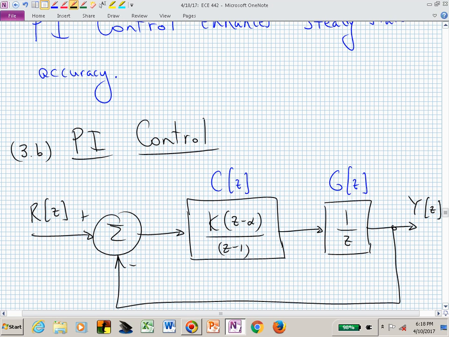We know how to sketch a root locus, and we can say, how do I adjust k to put all of my poles inside the unit circle simultaneously? How many poles do I now have? 2. I've actually introduced an additional pole, haven't I? I now have 2 open loop poles, so I'm going to have 2 closed loop poles.